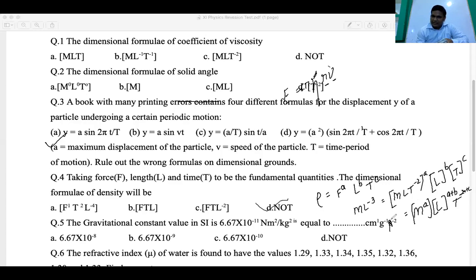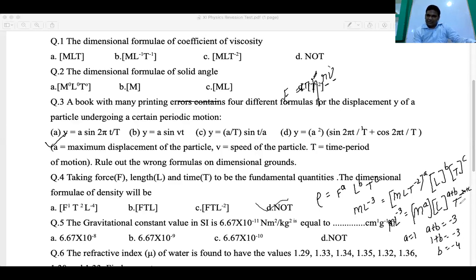You can compare the powers with M L to the power minus 3. So A will be 1, and for L to the power minus 3 you can write A plus B equals minus 3. Put the value: 1 plus B equals minus 3, so B will be minus 4.